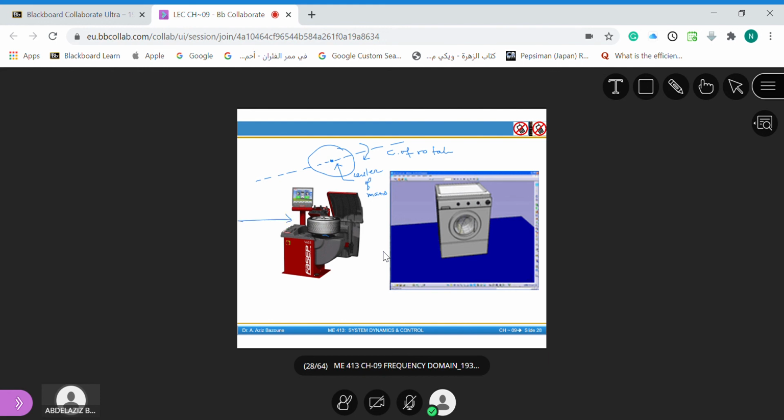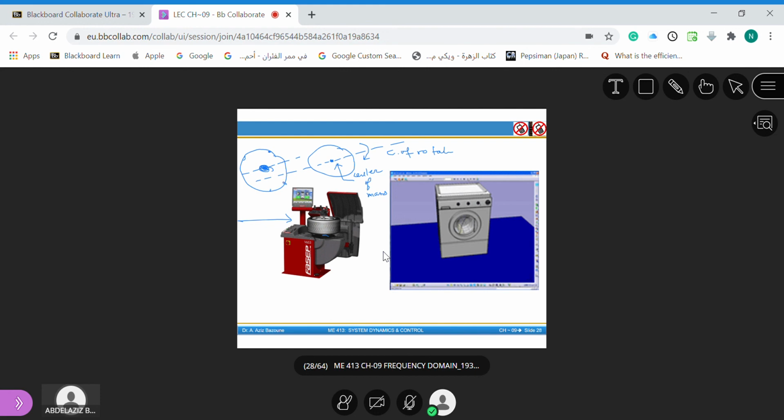If there is mass lost from here, he will bring the center of rotation to the center of mass, exactly at the same point, either by adding mass somewhere here or somewhere here, where the device tells him exactly where the imbalance is.